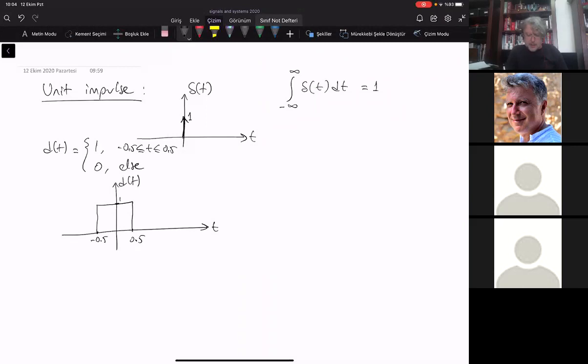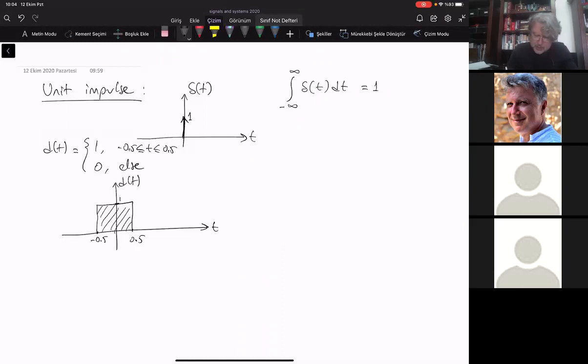How can we make this narrower and taller? The narrower it gets, the taller it gets, so that the area underneath still remains 1. So in the limiting case, we will squeeze it so much that its height will blow up to infinity, but the width will shrink down to 0.